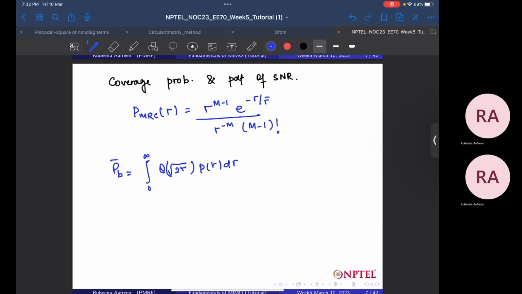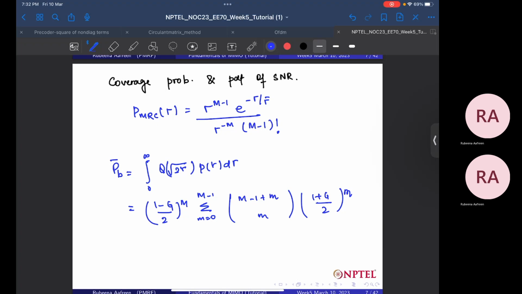So this will come as ((1 minus g)/2) to the power of m, summation n equal to 0 to m minus 1, m plus n choose n, into ((1 plus g)/2) to the power of n. Okay, so this is the bit error probability, and then I think next week we can see the symbol error probability, and then the approximation of the symbol error by using Chernoff bounds and all.